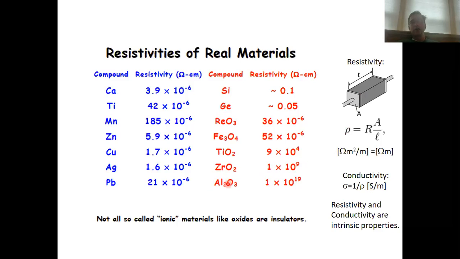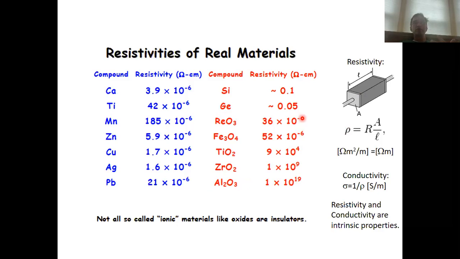And aluminum oxide is super electrically insulating, with an extremely high resistivity of 1 times 10 to the power of 19. So you see that all of these compounds are oxides, but their resistivity changes by, well, 19 plus 6 is 25 orders of magnitude.